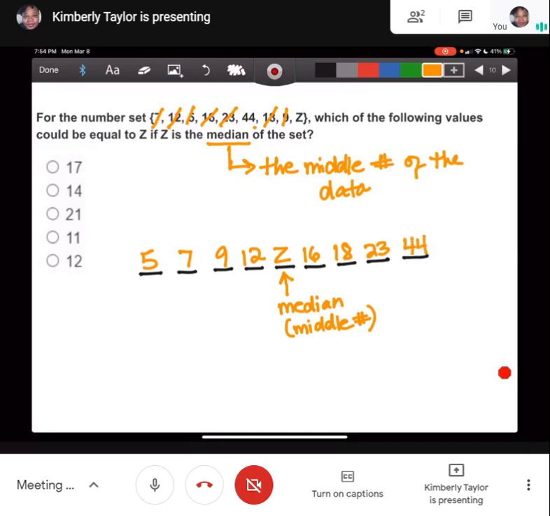So if I'm going to pick a median, it needs to be in between 12 and 16.